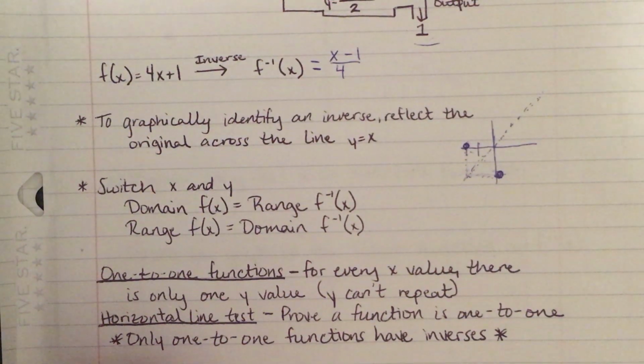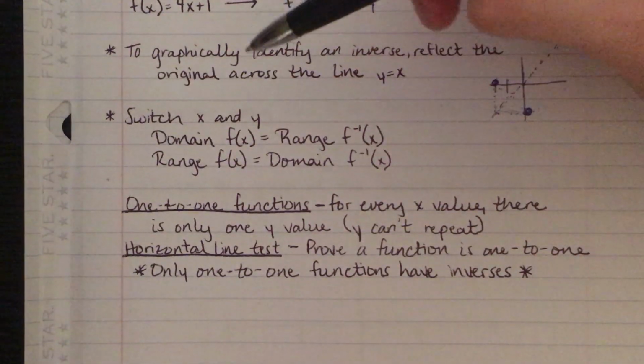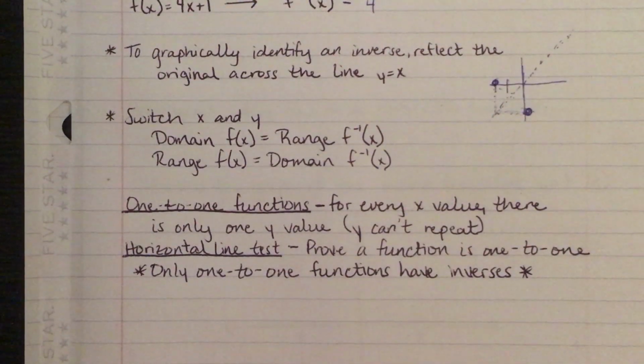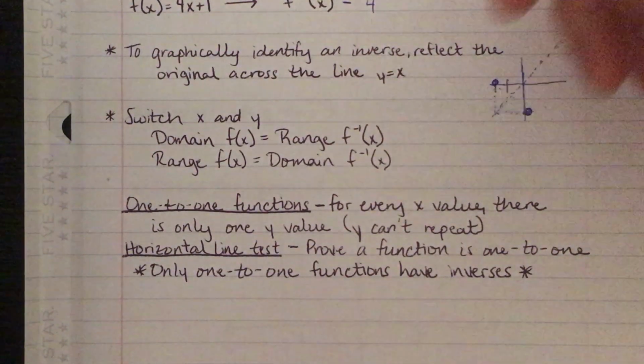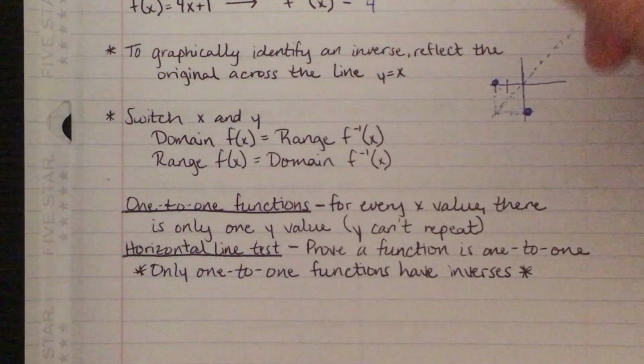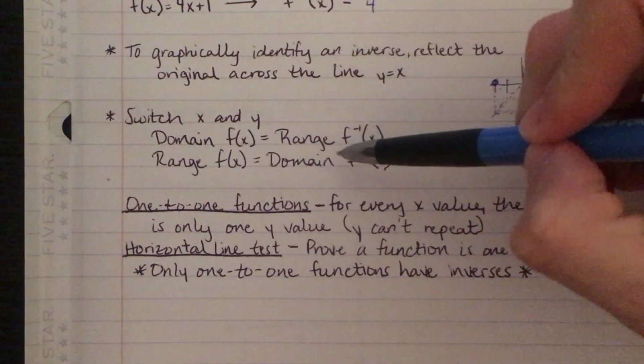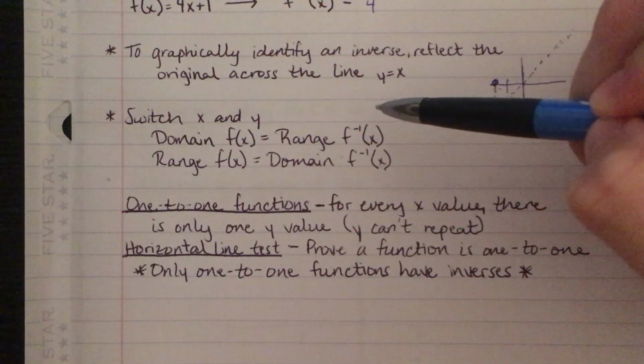Now, algebraically, when you find an inverse, what you do is switch x and y. Basically, that means the domain of your original function, the domain of f of x, is going to become the range of the inverse.